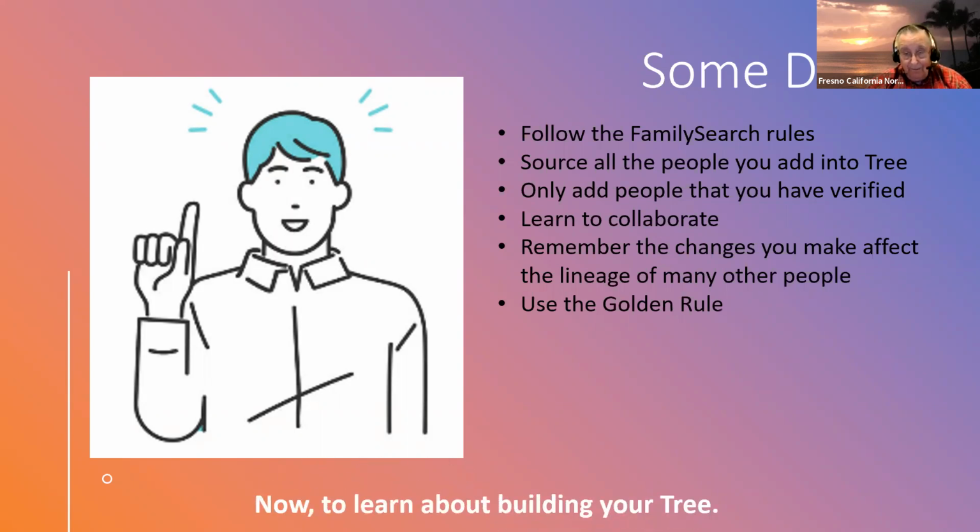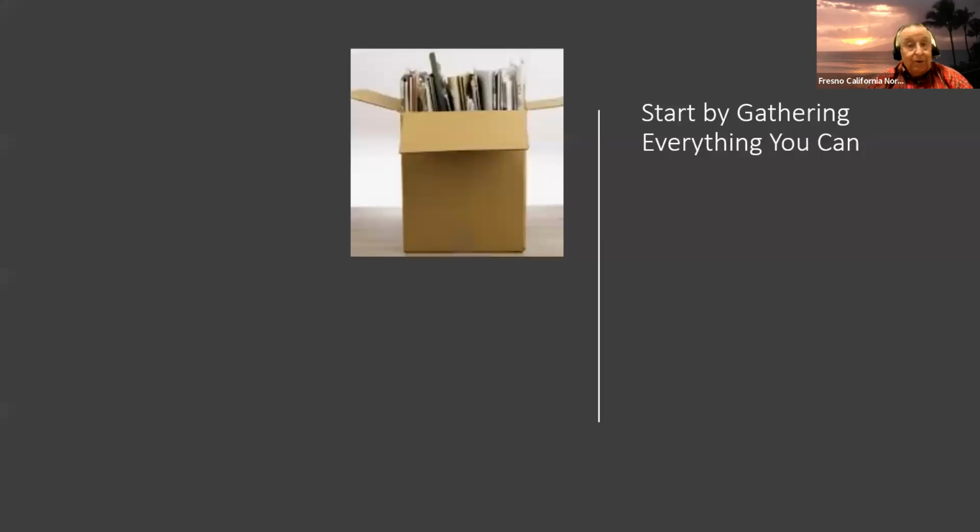Okay, so now that's about building your tree. The first thing a newbie needs to do is gather everything they can and maybe stick it in a box, literally, somewhere where they can find it. Begin by collecting all your documents, all the knowledge that you have.